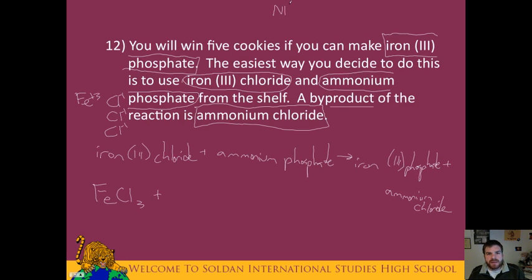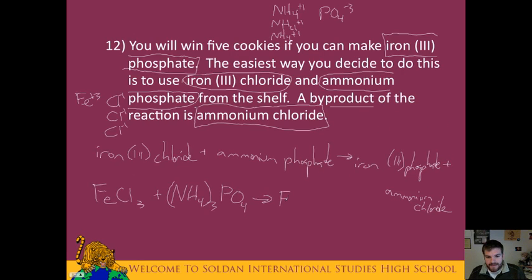Ammonium is a polyatomic ion, it's NH4, it's a +1. Phosphate is PO4, it's a -3. So we're going to need 2 more of these ammoniums. And so now we have 3 of these ammoniums and a phosphate.